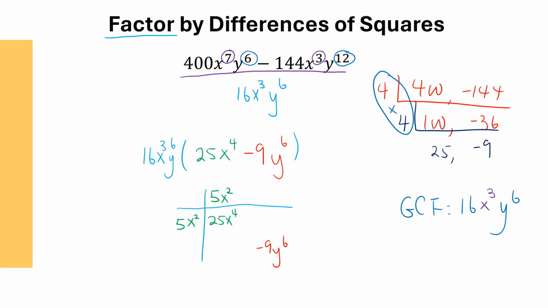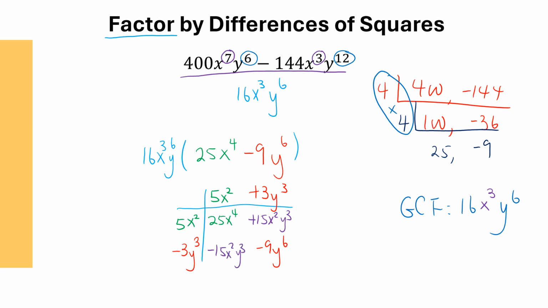Because it's negative, one has to be a positive 3 and the other one has to be a negative 3. And y to the third power times y to the third power is going to give you y to the 6. And as you can see, if we multiply this out, the middle term is going to give us positive 15x squared y to the third, and then negative 15x squared y to the third.